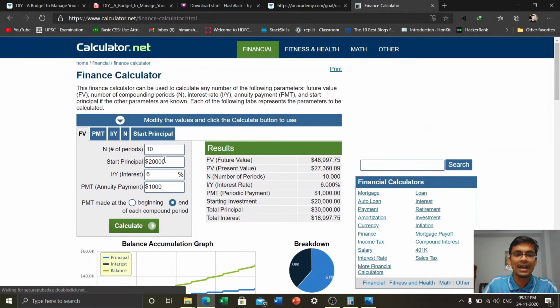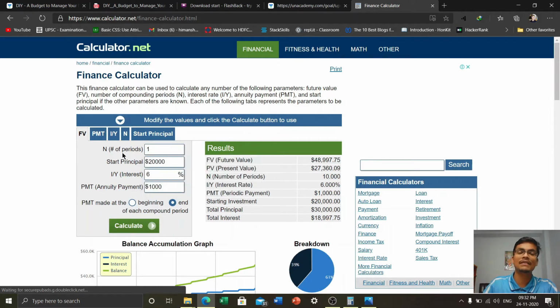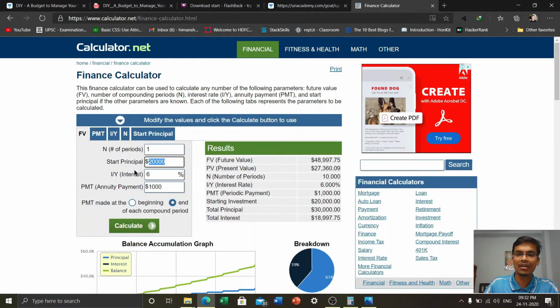So yeah, here it is. I'm considering the number of periods to be one, as I would check the price after 1 year. And the start principal here would be the subscription cost, that is 69,500 rupees. And the interest rate here would be the inflation rate, that is 5.1%. And the annuity payment would be zero, because we just have to calculate the interest on a given principal.